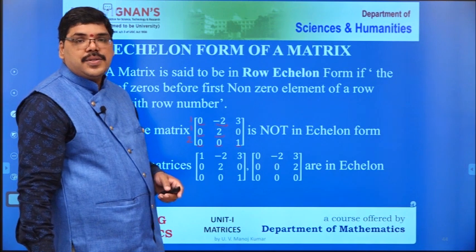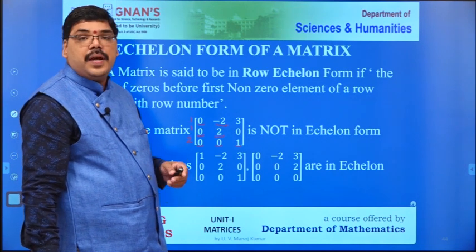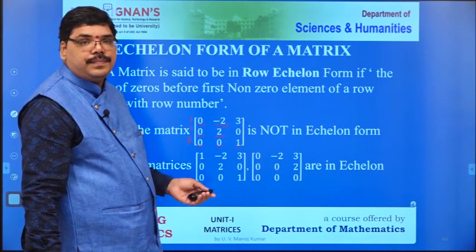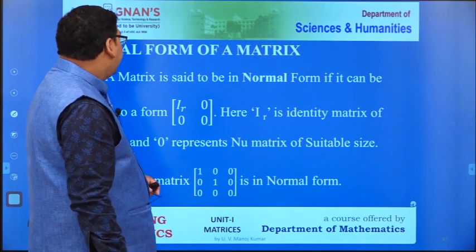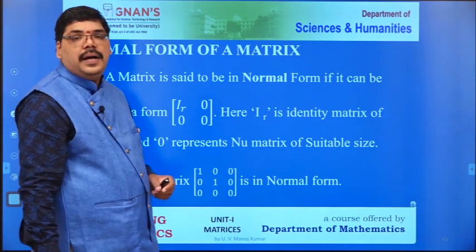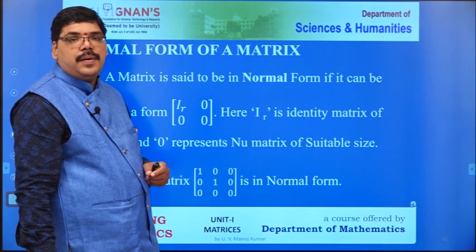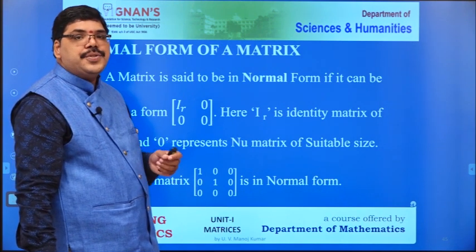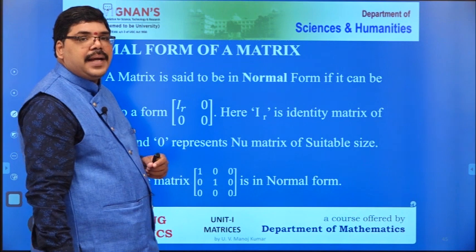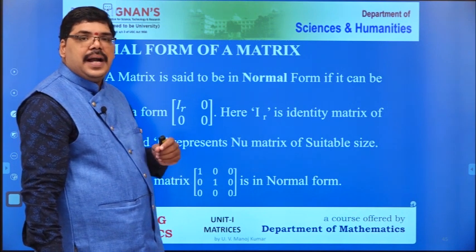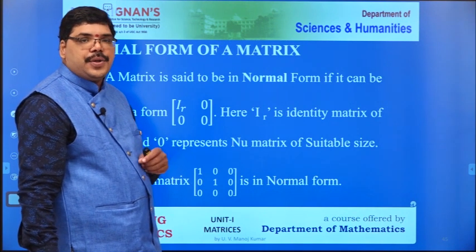Next, we will also recall normal form. A matrix is said to be in normal form if it is reduced to a form which looks like an identity matrix with the remaining elements as zeros.